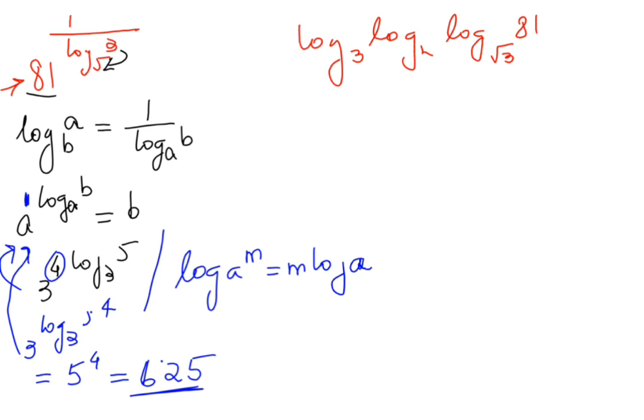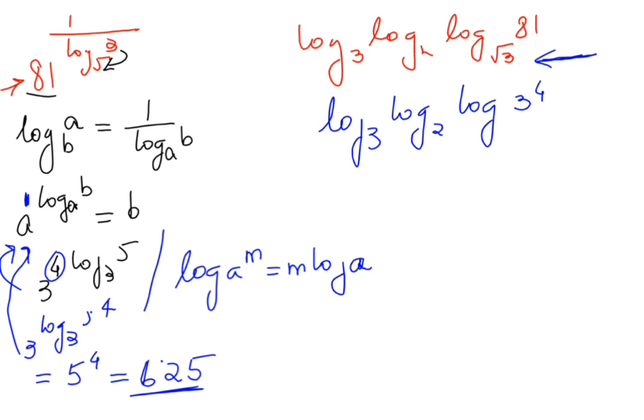Now similarly, for this one, what should we do? Please remember, I'll give you a hint: we should go from outside to inside. So here we can write log to the base 3, log to the base 2, and 81 can be written as 3 raised to 4, and root 3 can be written as 3 raised to half.